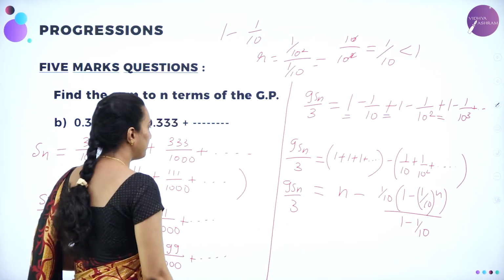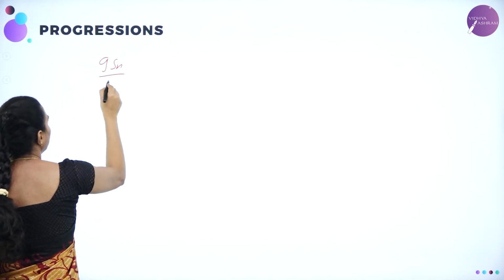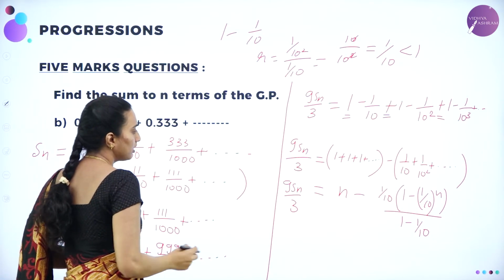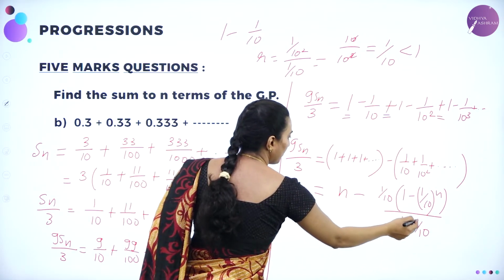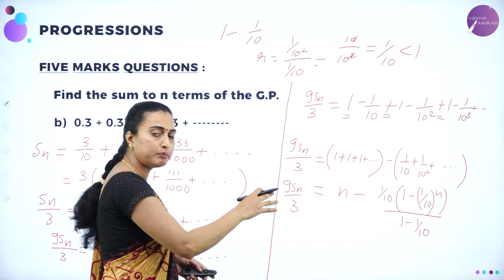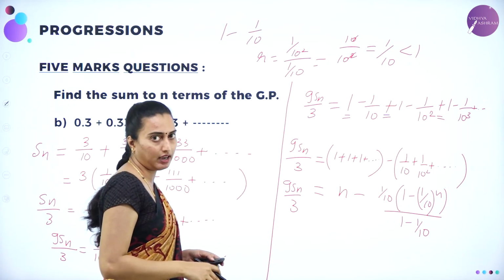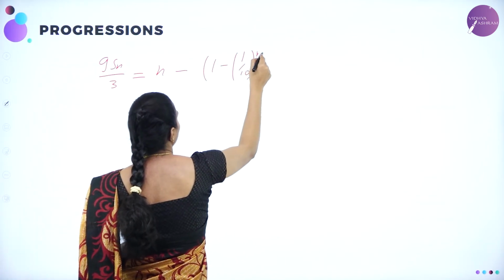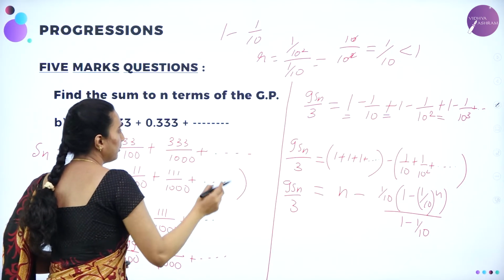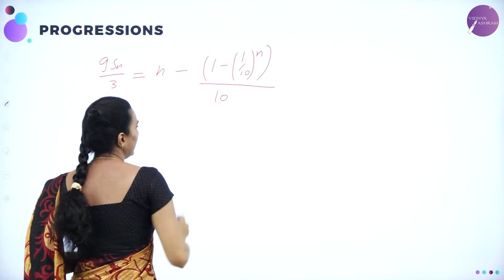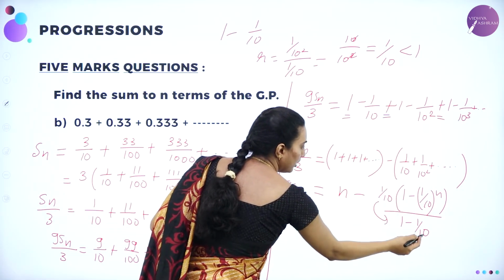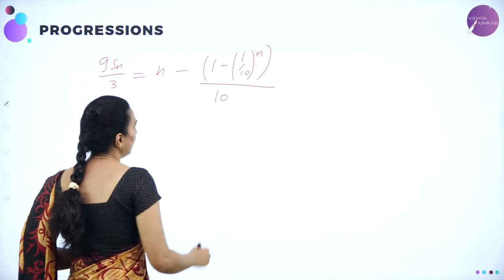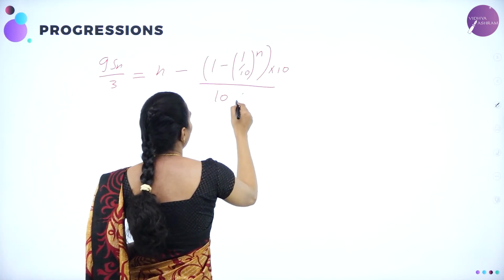Therefore, simplifying, 9Sn divided by 3 implies n as it is, minus, dear students, this 10 will come to the denominator and 10 minus 1 is 9. 9 by 10, if it goes to the numerator, it will become 10 by 9. So writing that, into 10 by 9.